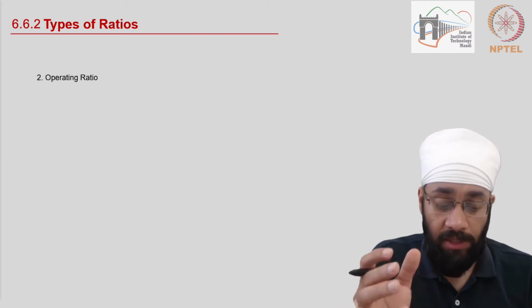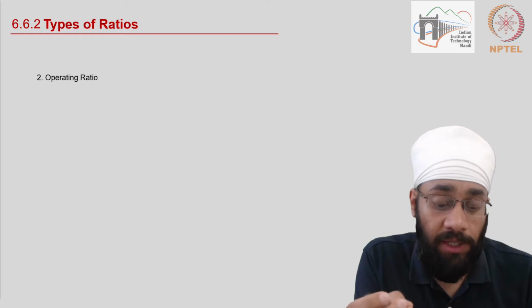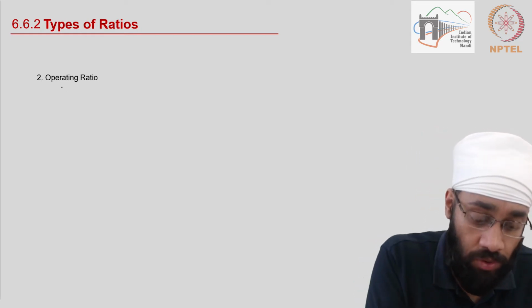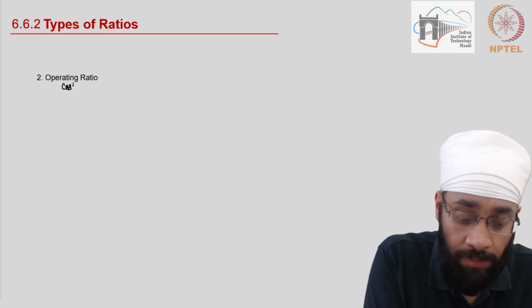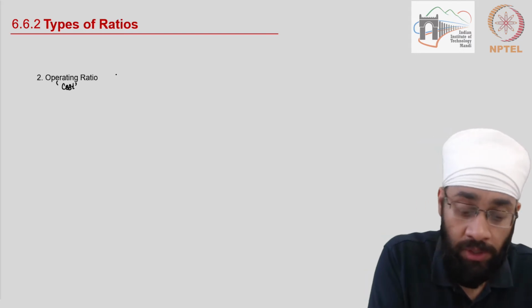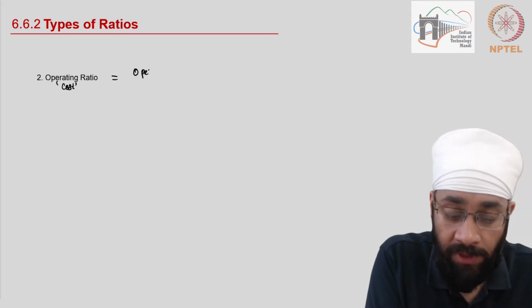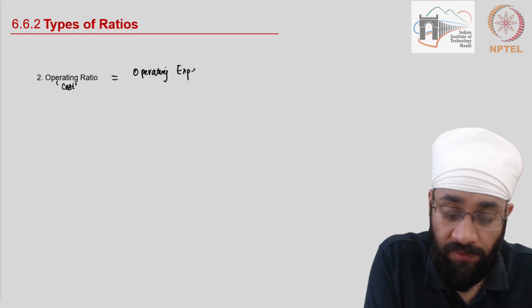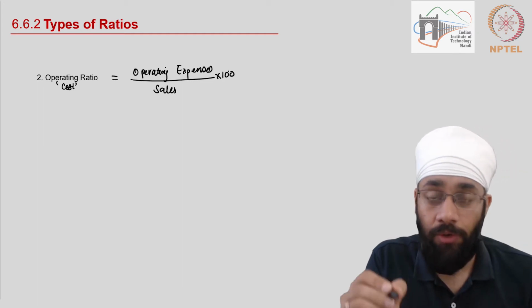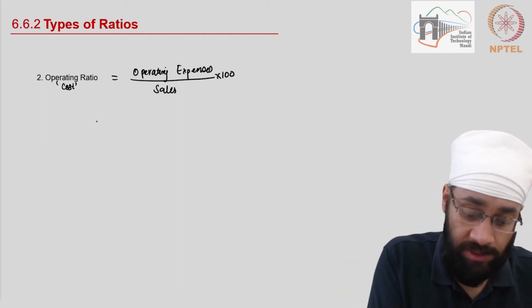The second ratio is called the operating ratio. The operating ratio, also sometimes called the operating cost ratio, is equal to the operating expenses of the business divided by the sales. How do you calculate the operating expenses is the question.